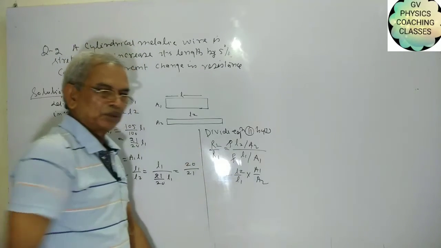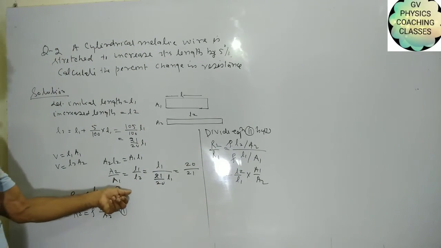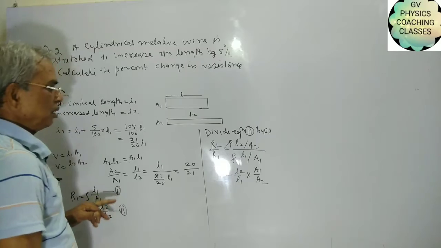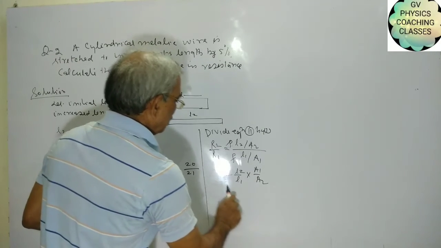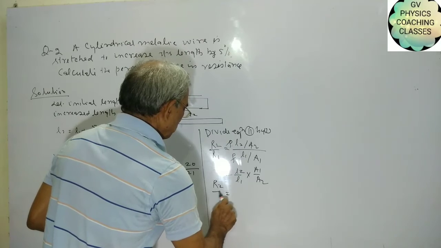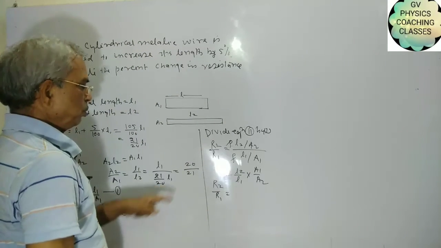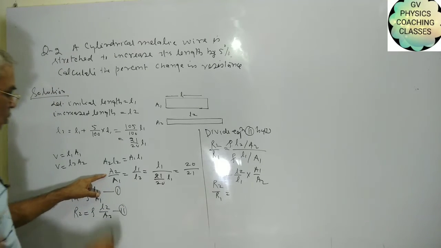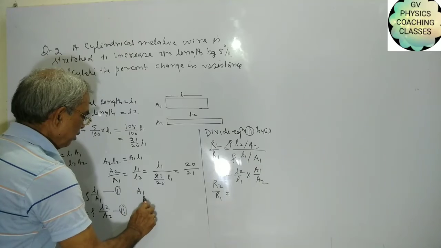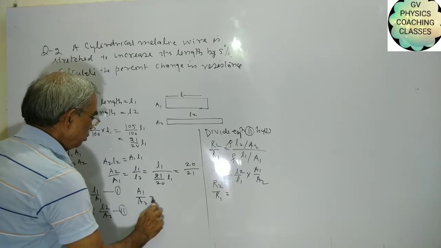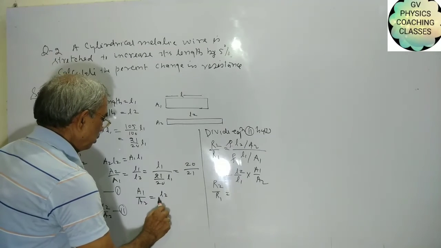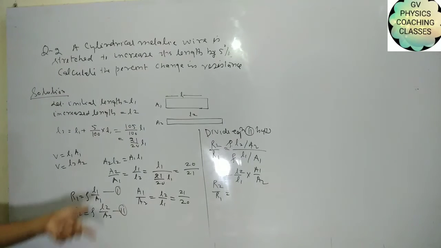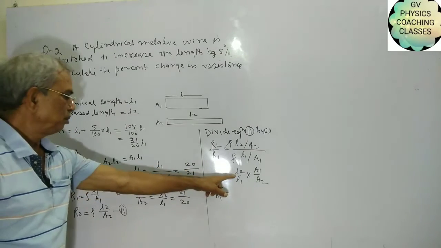Now values of A2 upon A1 and L1 upon L2, in reverse, give these values.